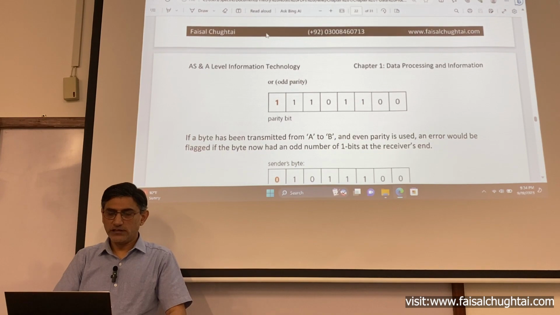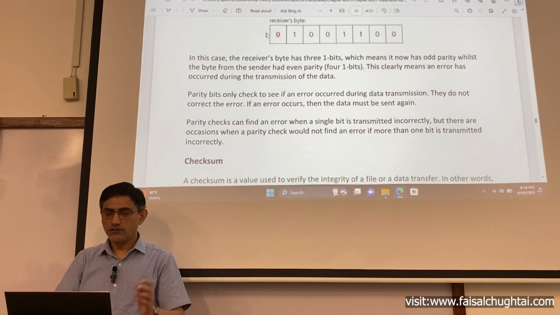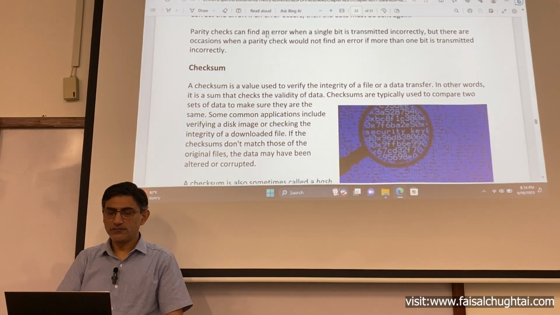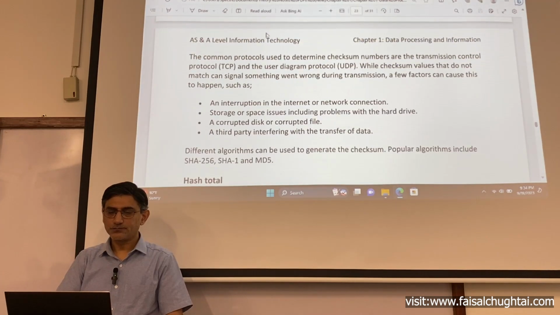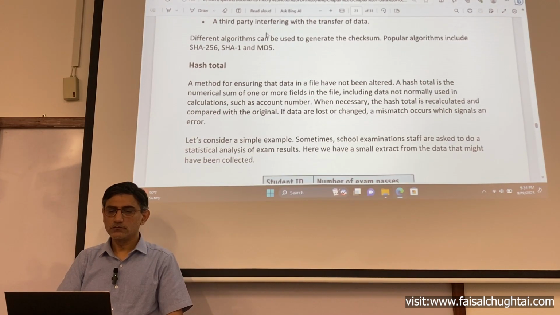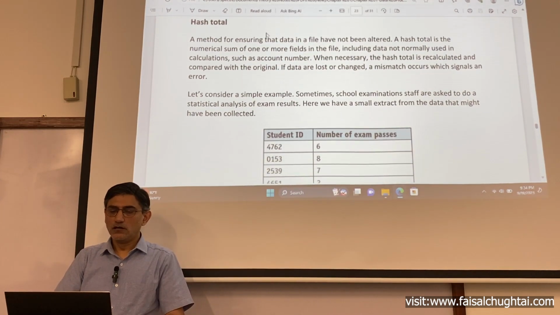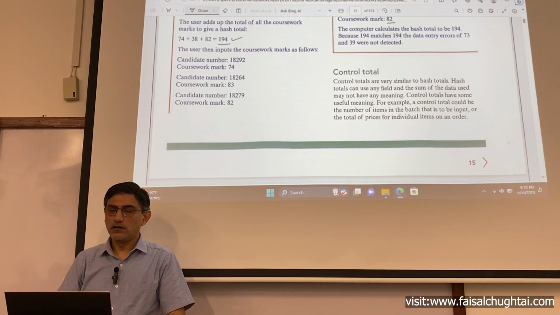Parity check we'll do at the end. This is also one of the methods of verifying the data. Okay, so hash total is what we just did. All right.